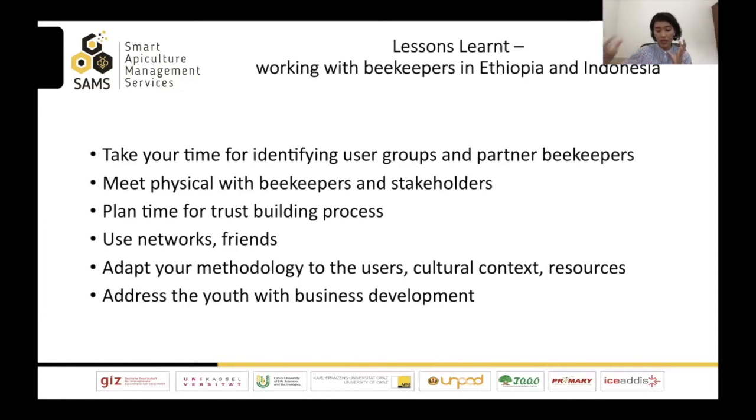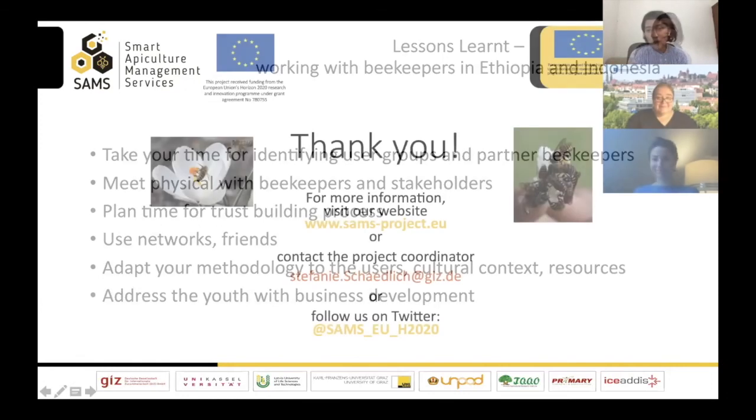We also need to take these aspects into account when we create a timeline of our research process, because it takes some time, but once they trust us, it could be a much faster and clearer way to get to their insights as the beekeepers, as our end users.